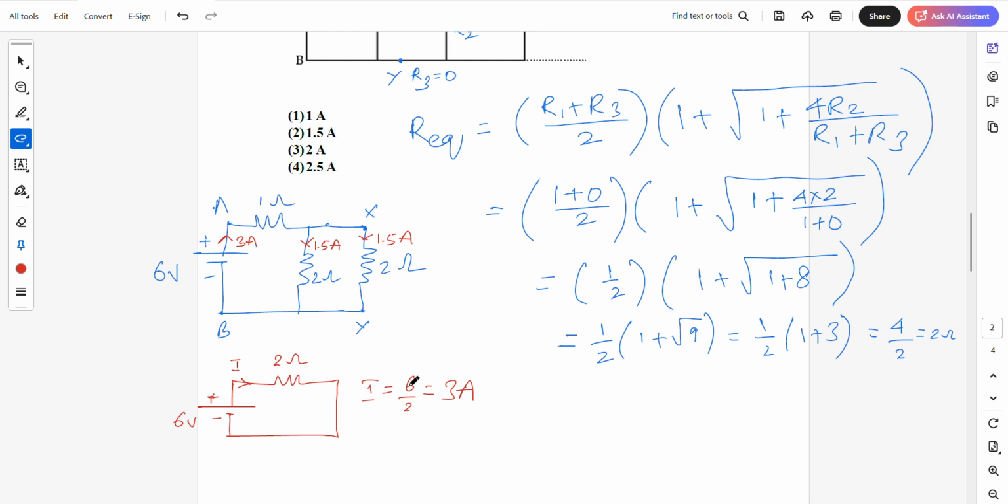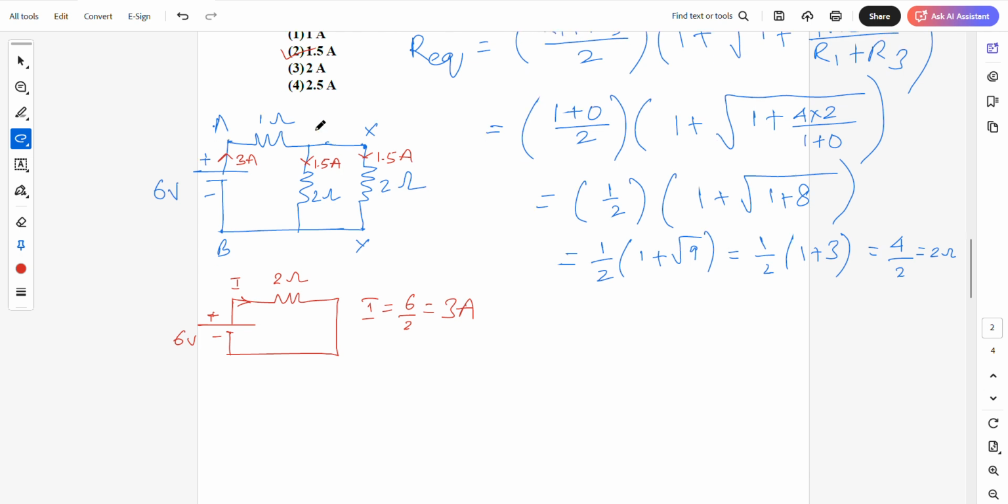So 3 amperes flows from the battery. Since the resistances are of the same value, the current gets divided into 1.5, 1.5. So the answer is 1.5 is the right answer for this problem. Okay. Next.